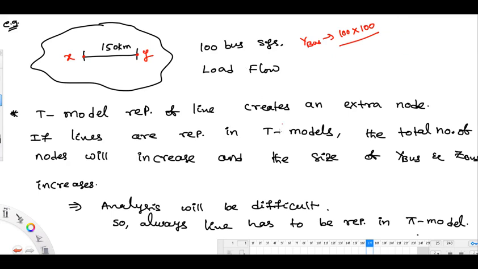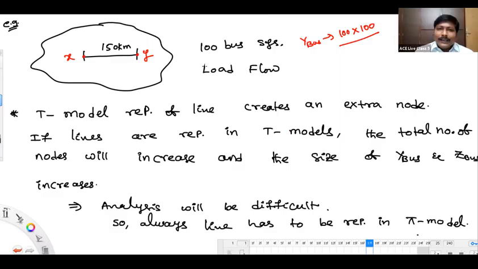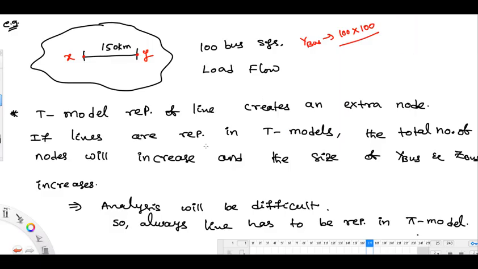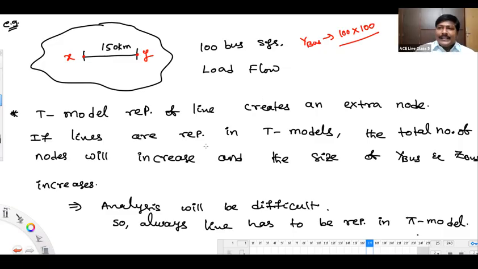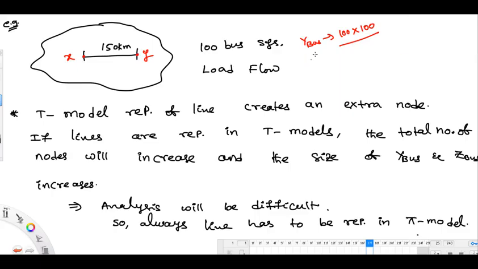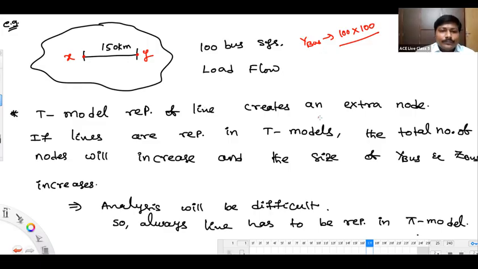But if you are using the T model, the number of nodes is increasing. Obviously the number of rows and columns in the Y bus will increase, and the analysis will be a bit difficult. Okay, thank you, sir. That's it.